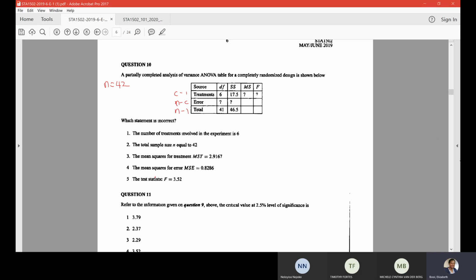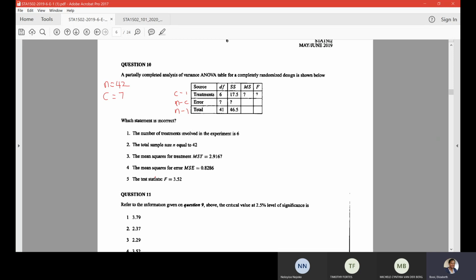Therefore, if we need to calculate the error degrees of freedom, we need to know what the total number of groups is. We know that the degrees of freedom for treatment is calculated using C minus 1. Therefore, if we add 1 there, we will know what the value of C was.